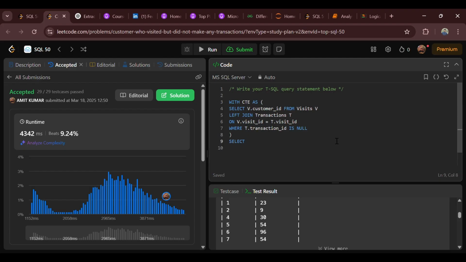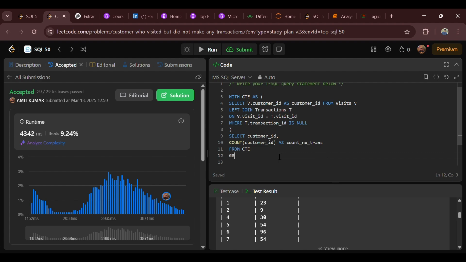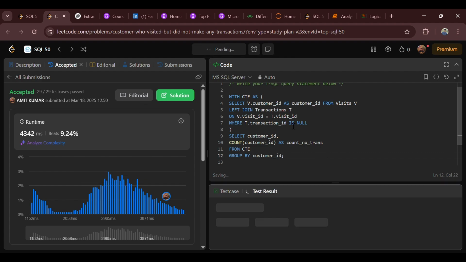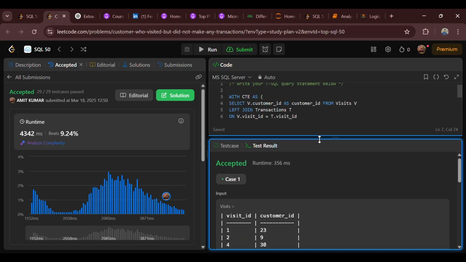Select customer ID, and I'm just giving an alias, customer ID, comma, the count as count_no_trans from CTE. And since we are using count, we need to use group by customer ID. Let's run. This will also pass. See, passed.